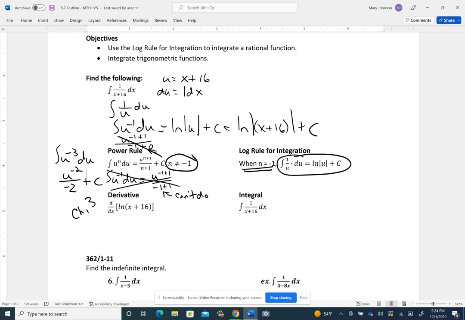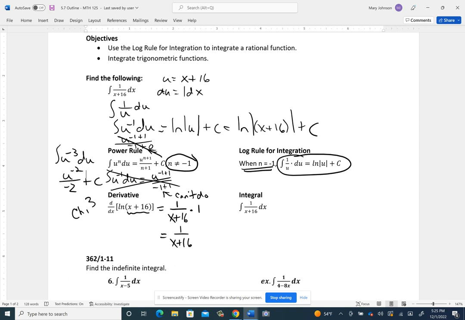What you would have done is 1 over x plus 16 times the derivative of the inside, which just happens to be 1. So you get 1 over x plus 16. We're starting with that and trying to undo it. We're trying to figure out what function has a derivative of 1 over x plus 16.